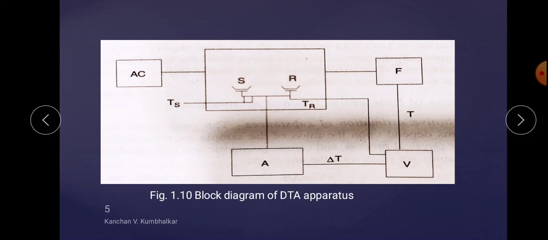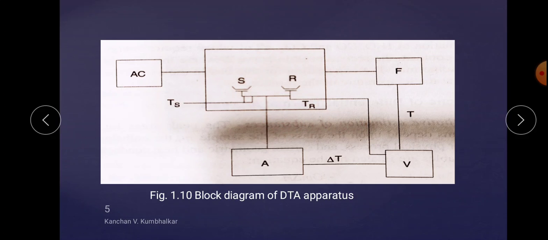The DTA curve obtained on the recorder will be a straight line parallel to the x-axis if delta T is 0. Obviously, if there is no change in temperature between the sample and the reference compound, then delta T gives a straight line parallel to the x-axis.